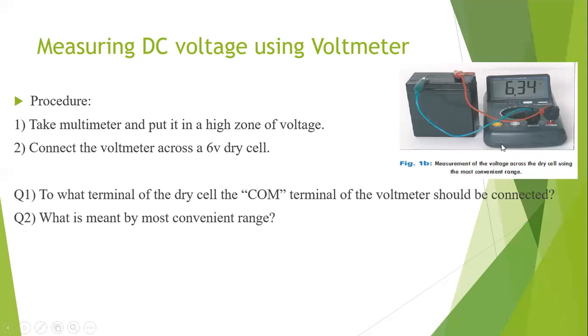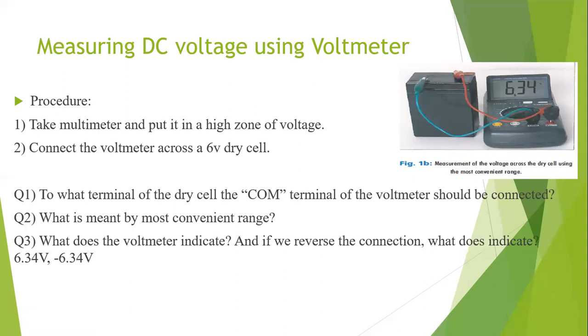What is meant by most convenient range is the range which is suitable for the voltage that we need for this battery, like 6 volt. So we can turn the switch to approximately 10 volt. So 6 volt is in the range of 10 volt.